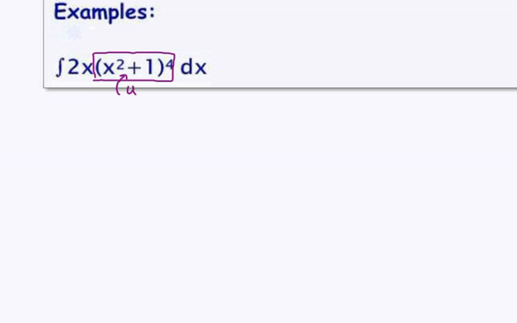Now we also need to know what is the derivative of the inside function. If we look at x squared plus 1, the derivative of that inside function is 2x. So this right here represents the derivative of u with respect to x, so du dx. Now using that, we want to fit this pattern and work backwards.